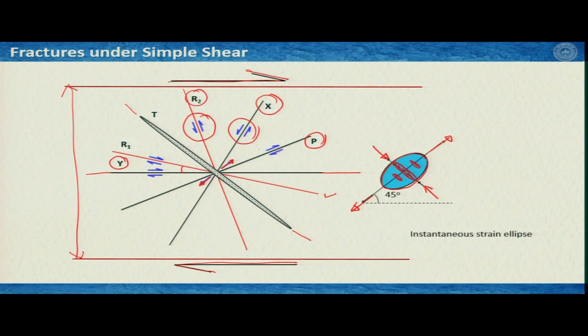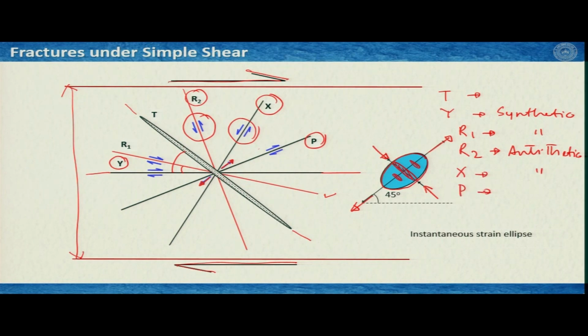So, if I try to list: tensile fracture, which is generally at 45 degrees; then Y shear fractures, which are synthetic; then we have R1, which is synthetic; we have R2, which is antithetic; we have X, which is again antithetic; and P, which is synthetic.